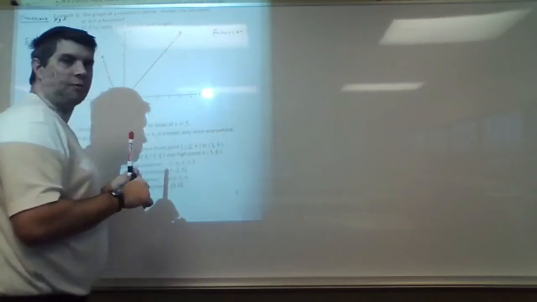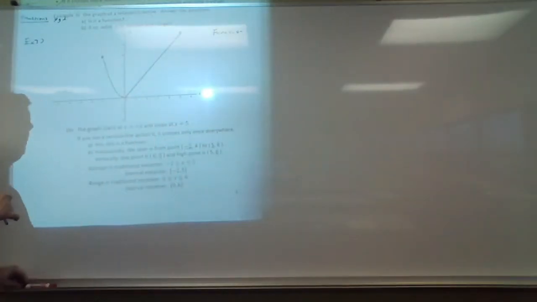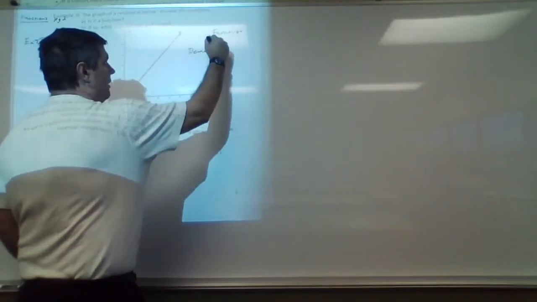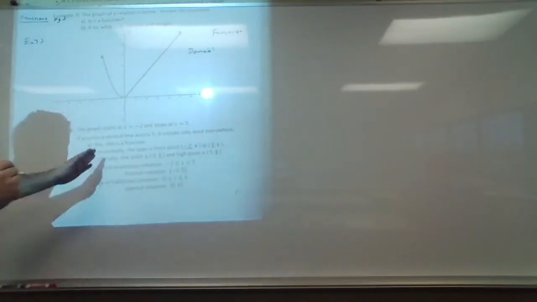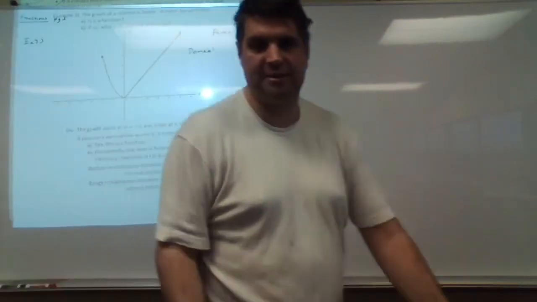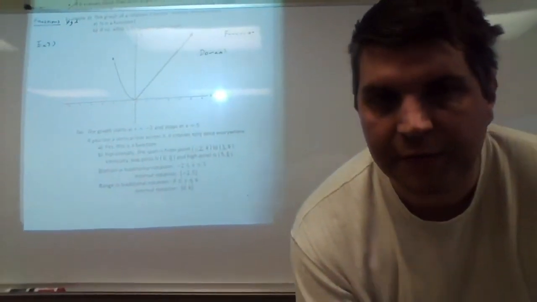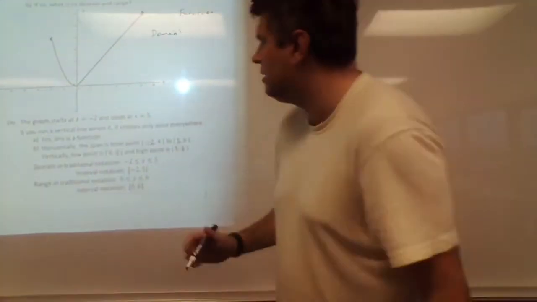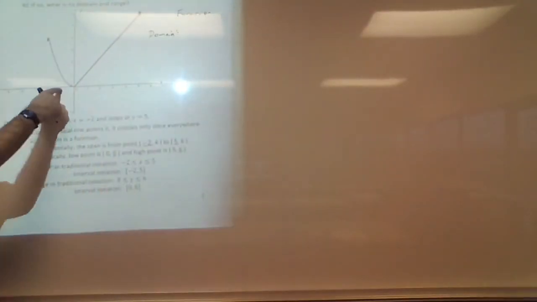The next appropriate question would be its domain and range. The domain goes from, let's see if I can get this closer to it, even though you should have your own printout. Okay? This is -1, this is -2.